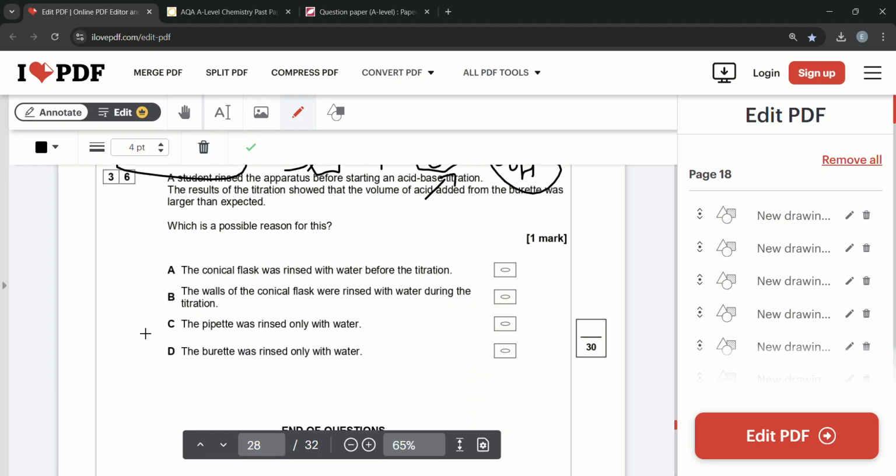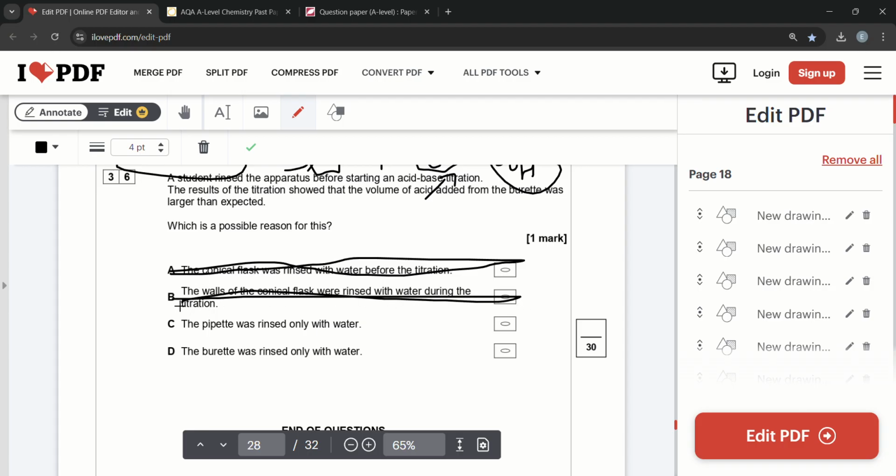Which should not be done: rinsing the apparatus before starting an acid-base titration. The results of the titration showed that the volume of acid added from the burette was larger than expected. What is a possible reason for this? The conical flask was rinsed with water before the titration. That's fine. The walls of the conical flask were rinsed with water during titration.